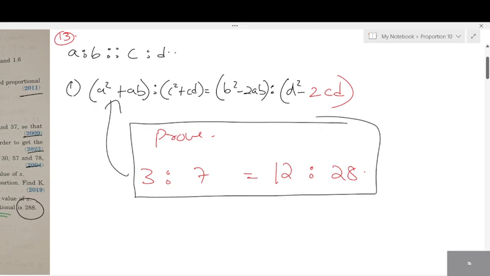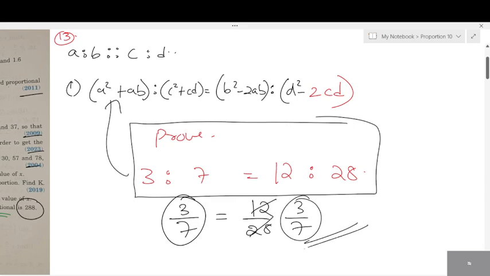See, they have given A is to B is proportional to C is to D. And imagine they have told that 3 is to 7 is equal to 12 is to 28. You have to show that they are proportionate. What is 3 is to 7? 3 divided by 7, first ratio. 12 divided by 28. When you reduce, what do you get? 4 threes are 12 and 4 sevens are 28. This is how you show the calculation part.